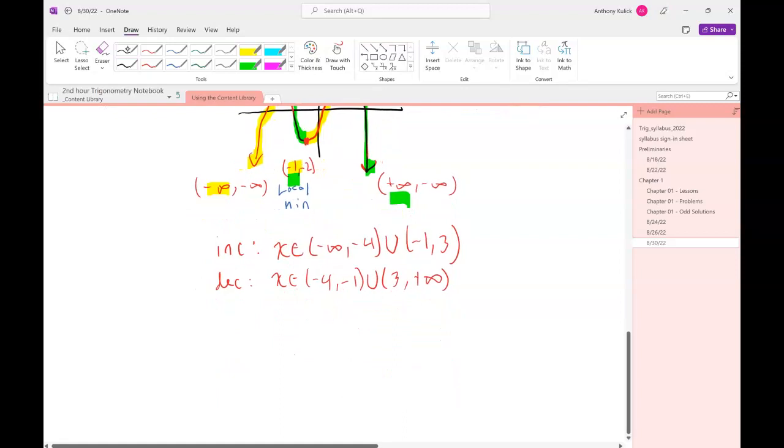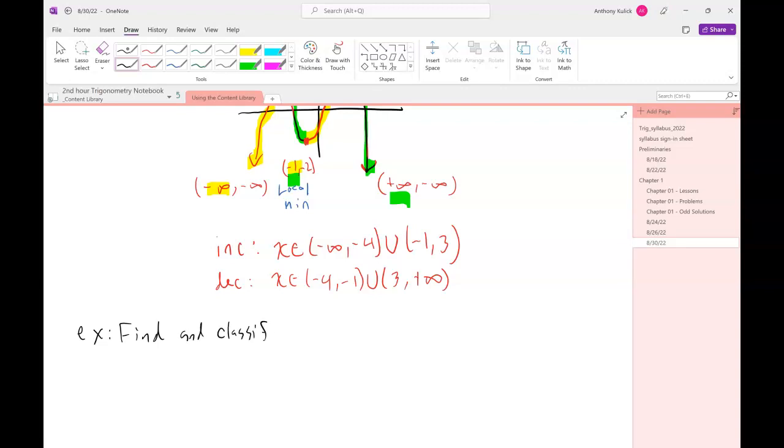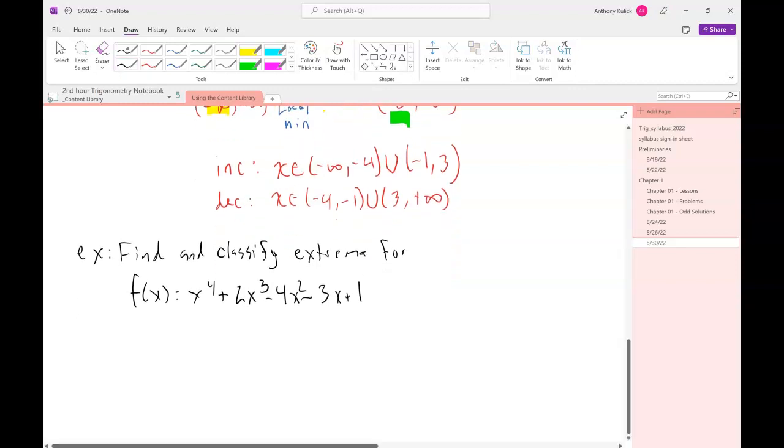What if we do it this way? If I ask you to find and classify the extrema for, and then I give you an equation, but no graph.